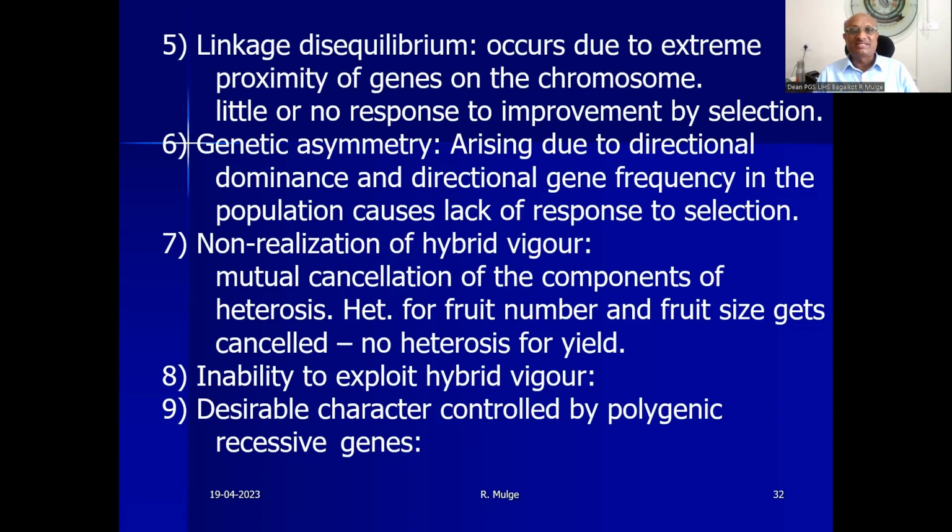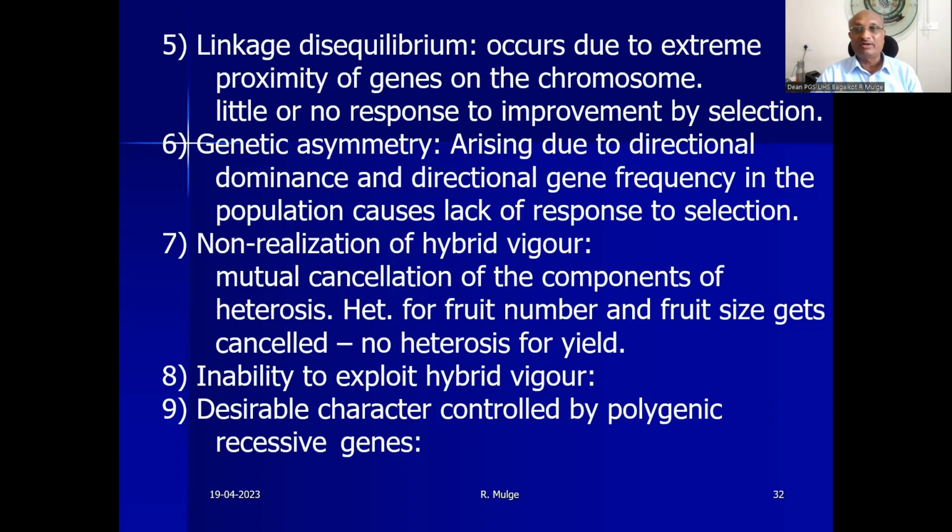Then, of course, desirable characters controlled by polygenic recessive genes. This is very important. Always, improving a character which is controlled by polygenes is itself complex. In addition to that, if it is recessive, polygenic recessive, it becomes still slower, non-responsive. It is difficult to accumulate.